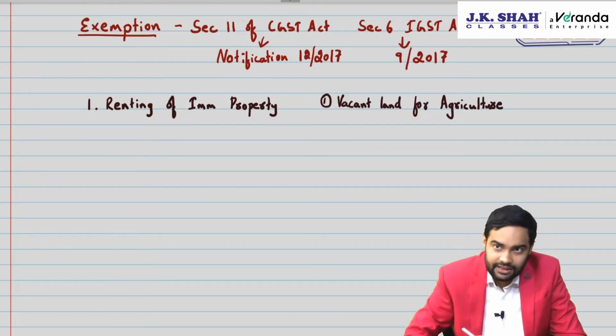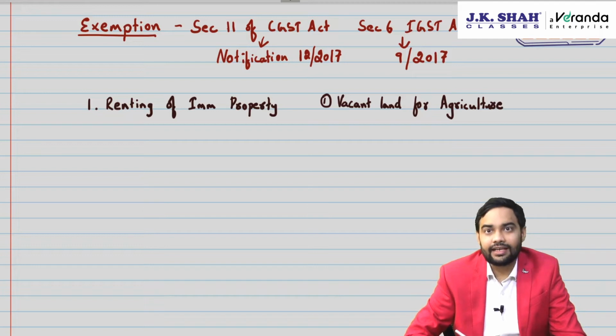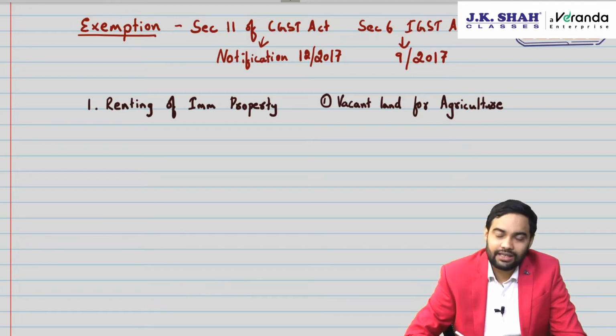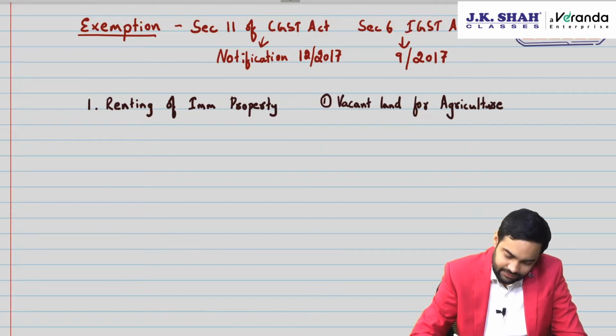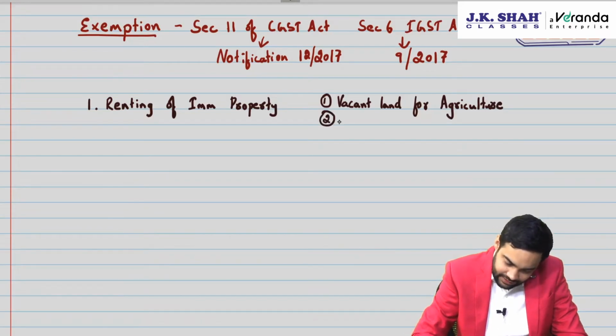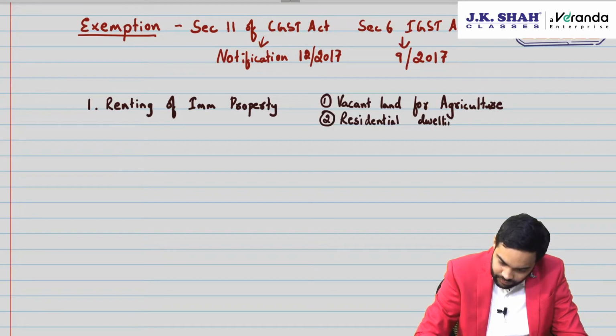Is the term agriculture defined? Yes. Agriculture means cultivation of plants and rearing of all forms of animals except horses. Then the second entry is renting of a residential dwelling for use as residence.